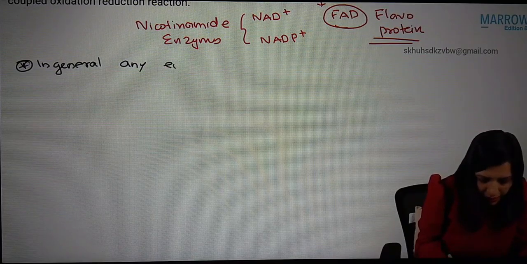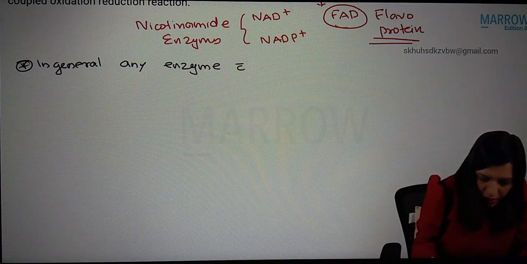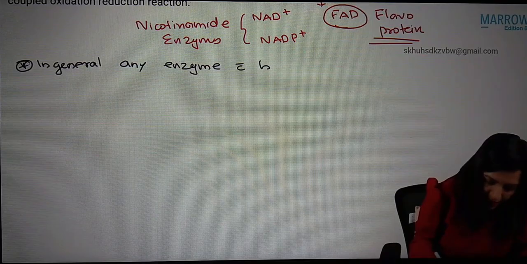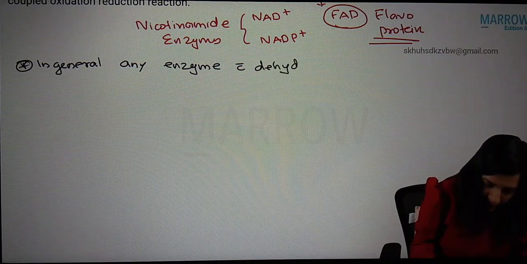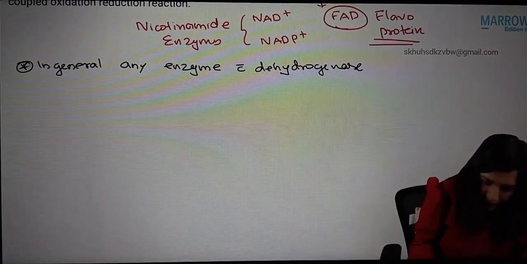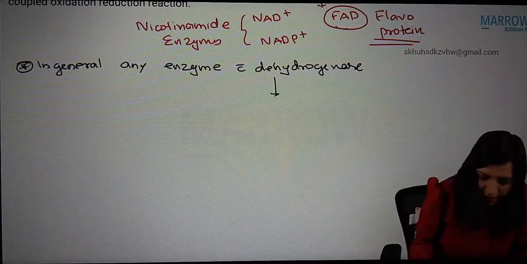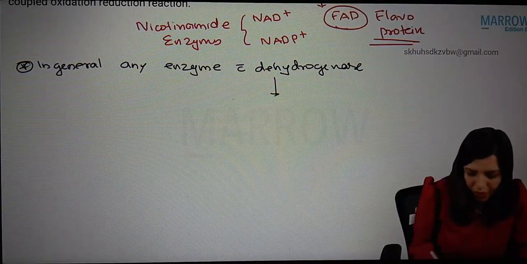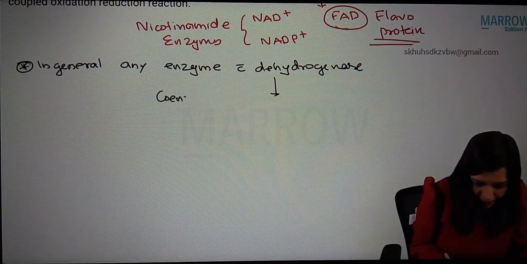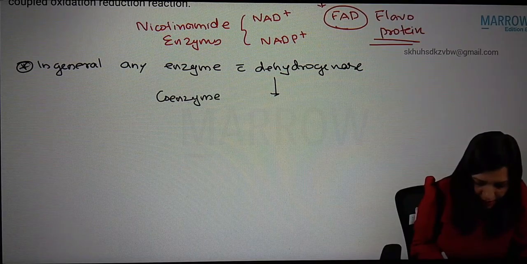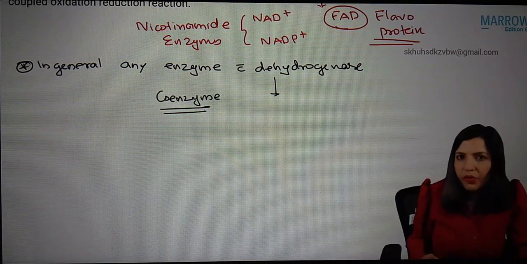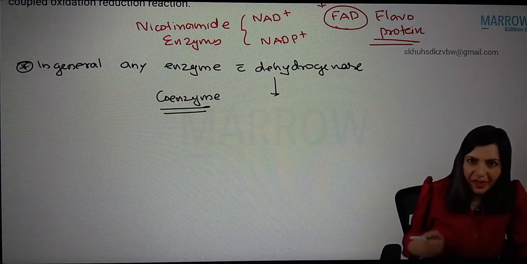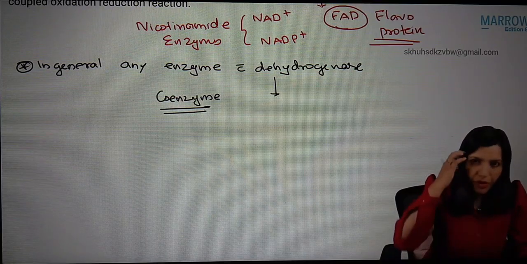So in dehydrogenases, what we can learn is, in general, any enzyme with dehydrogenase in its name, every time you can write the coenzyme, because it is an organic molecule, a vitamin derivative, that acts as the second substrate or co-substrate, the non-protein part.